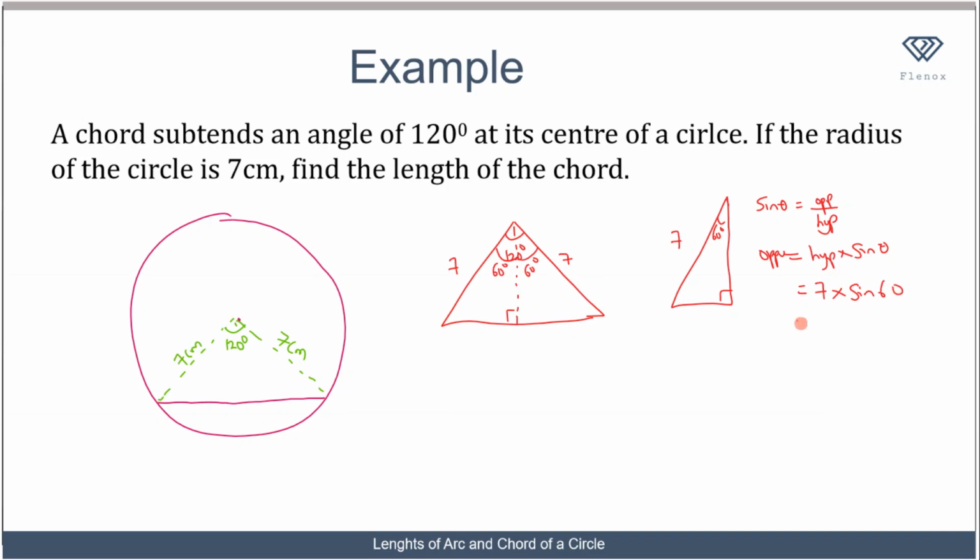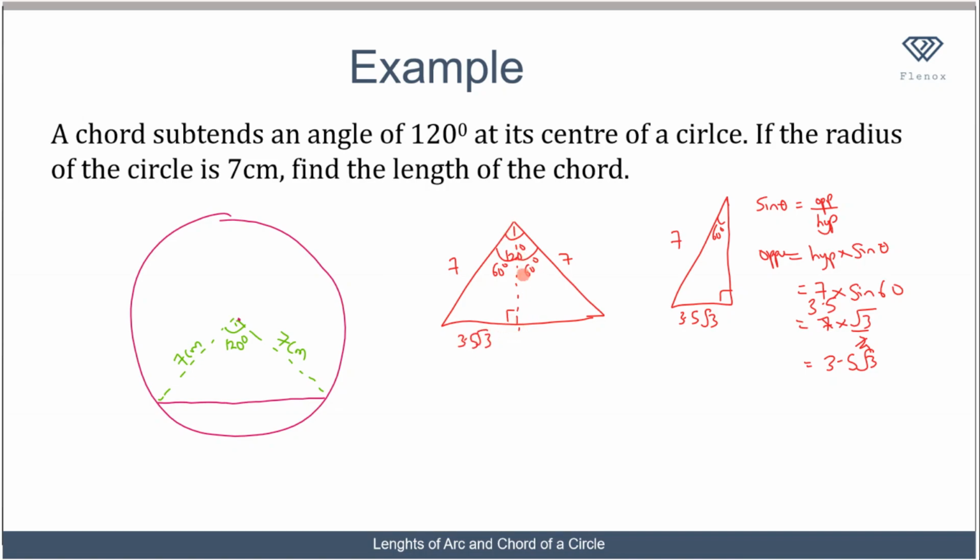And when I calculate that, that will be 7 times sin 60, which is root 3 over 2, 2 here, 1, 2 here, 3.5, which gives me 3.5 root 3. So the length here is 3.5 root 3.